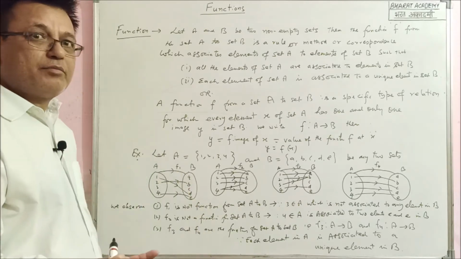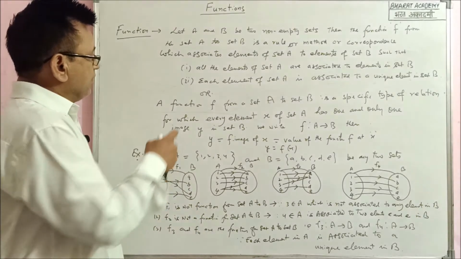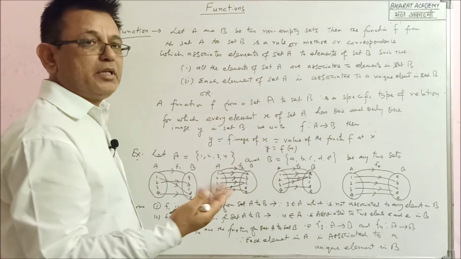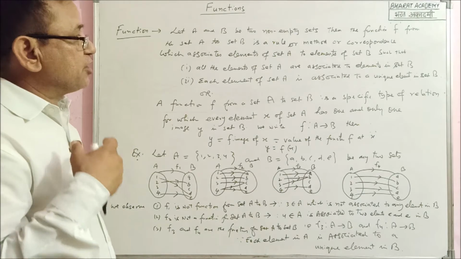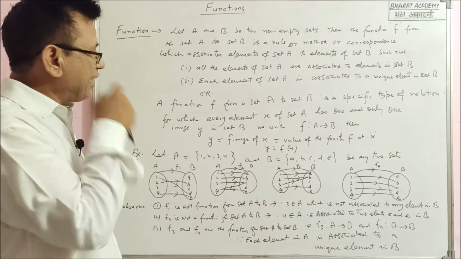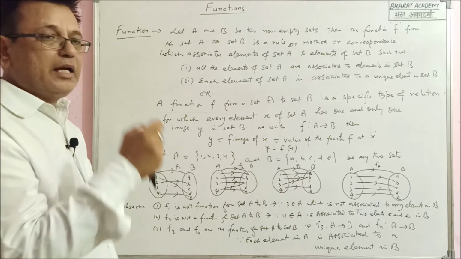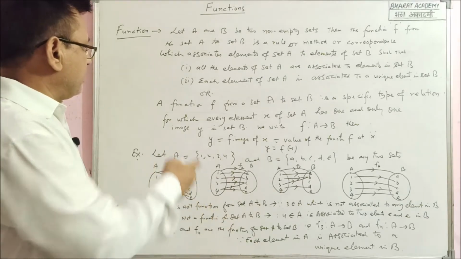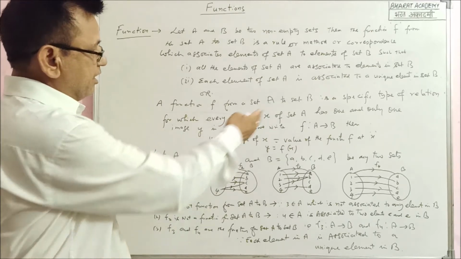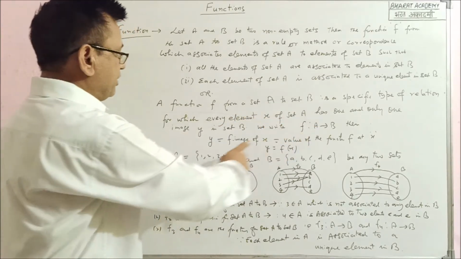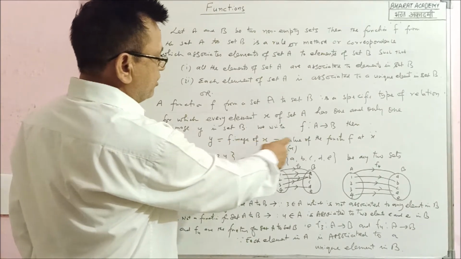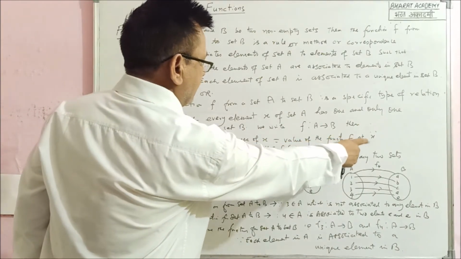And there is another way to define the function. A function f from the set A to set B is a specific type of relation for which every element x of set A has one and only one image y in set B, and we write it like this: f is a function from A to B, then y is f image of x, means the value of the function f at x.